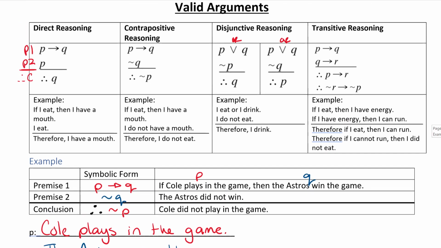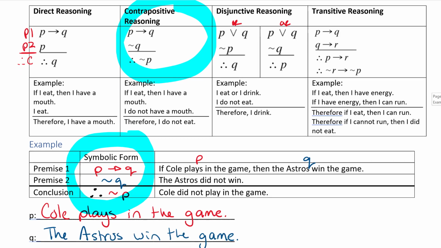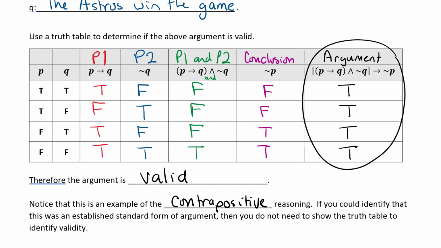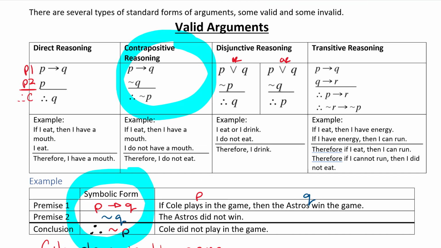If you would have looked at this right here and noticed that if P then Q, if not Q, that implies not P is the same as this contrapositive reasoning, you could have just stopped right in the beginning and said, this already is a valid statement because of the contrapositive reasoning, and it would have avoided the whole situation where you had to do the truth tables to prove that it is valid. So that's one really cool thing, that if you can learn what the valid arguments are and apply that, you don't have to do all of the truth table work.